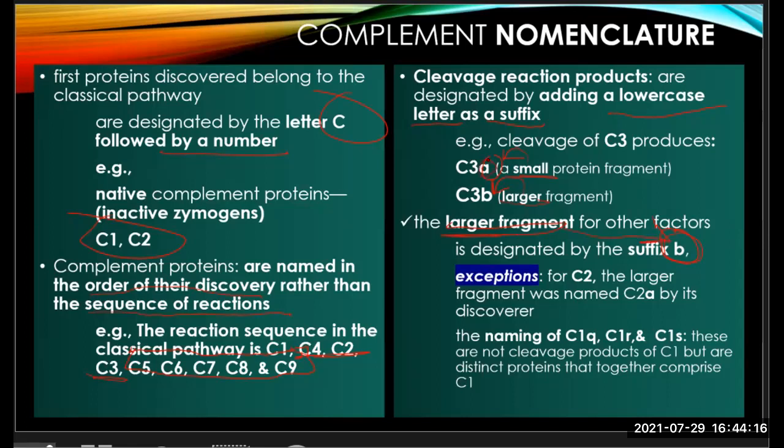However, there are exceptions. For C2, the larger fragment was named C2a by its discoverer. See, larger, but it's a, not b. Another exception is the naming of C1q, C1r, and C1s. These are not cleavage products of C1 but are distinct proteins that together comprise C1.